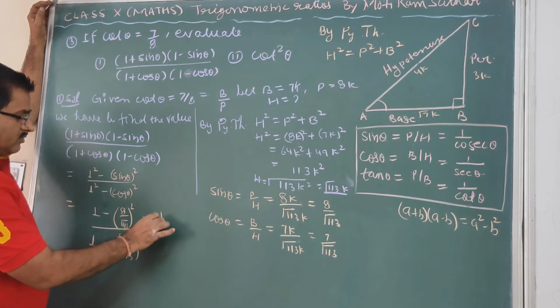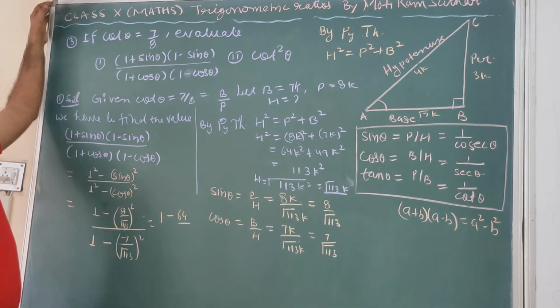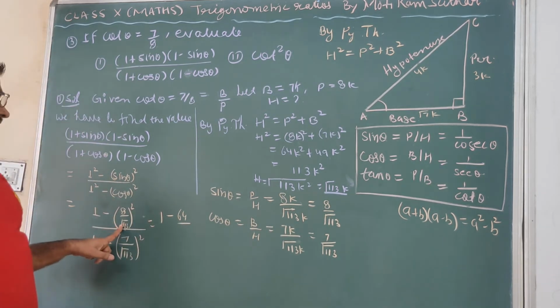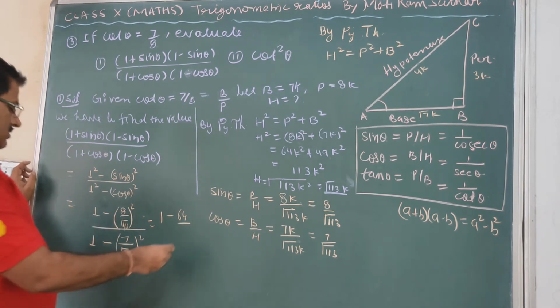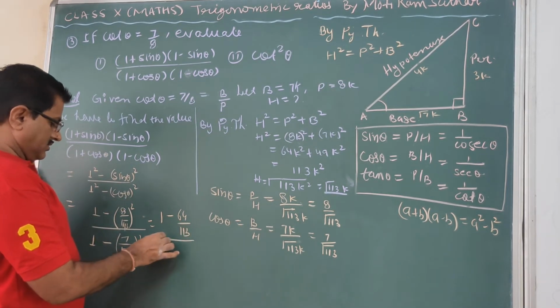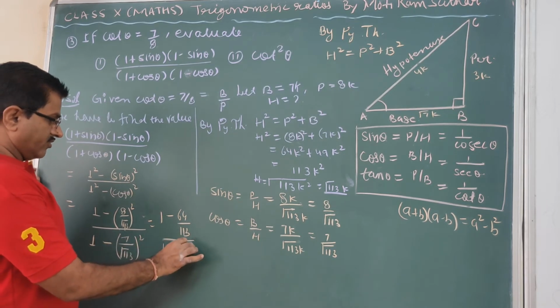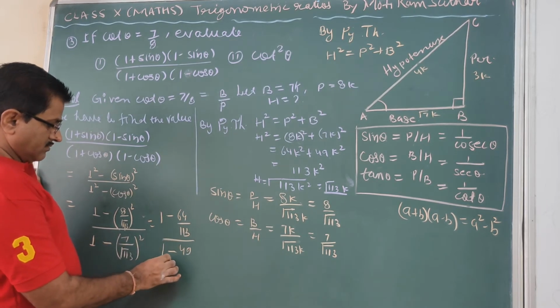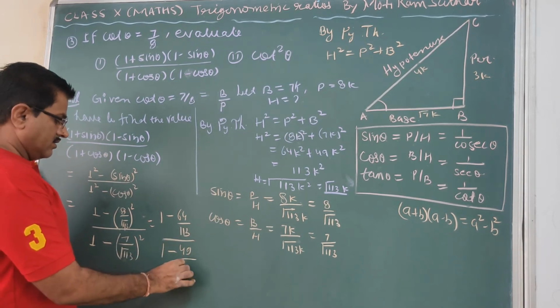So taking square, 8 square is 64, and in the numerator we have root of 113 square, so root and square cancel. So you get 113. Here also 1 minus 7 square, 49, and root of 113 square is 113.